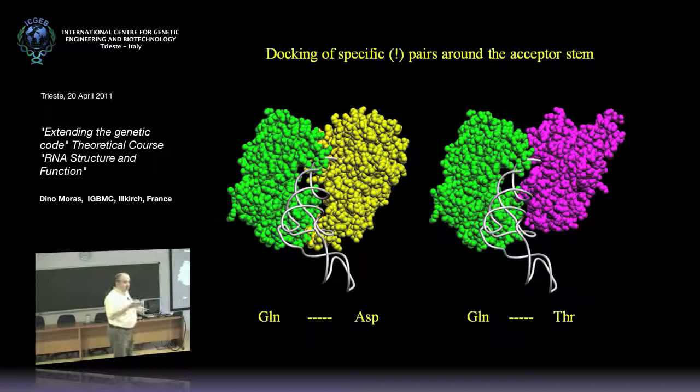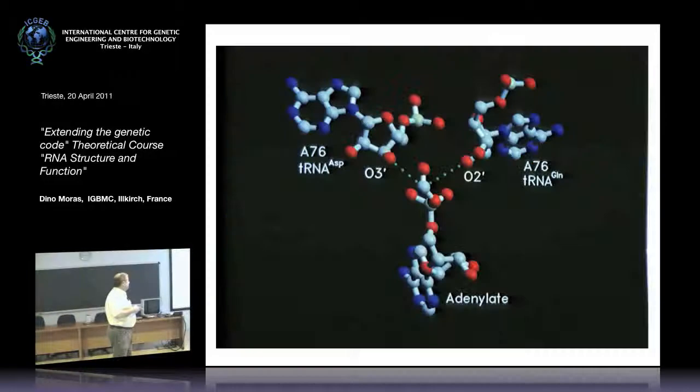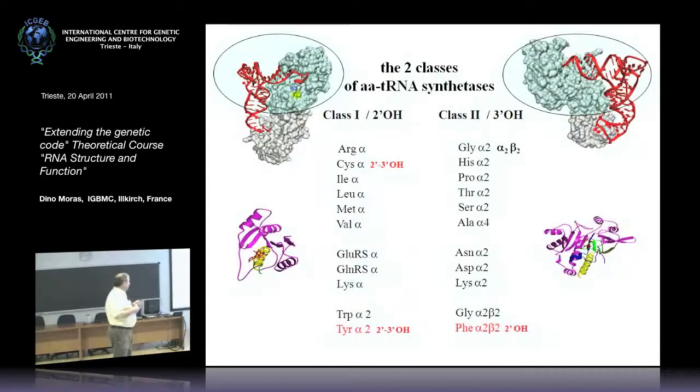Then the second question, which was raised, I mean, at least here we have an answer, but then the other question is that here, if you look, you have the same number of synthetases in each class, 10 and 10. That was a rather surprising observation, because you wouldn't expect that. Why 10 and 10?